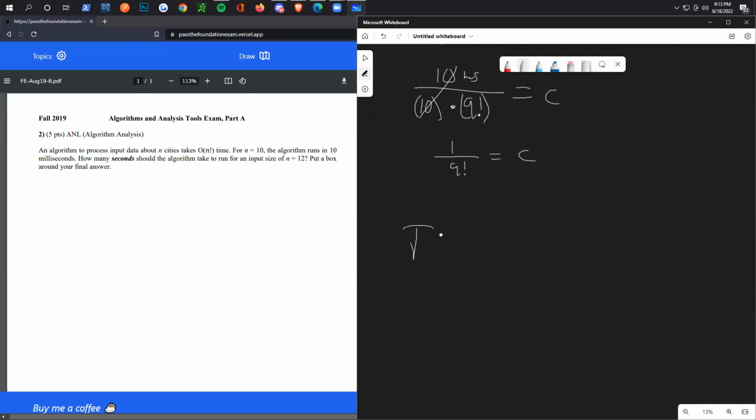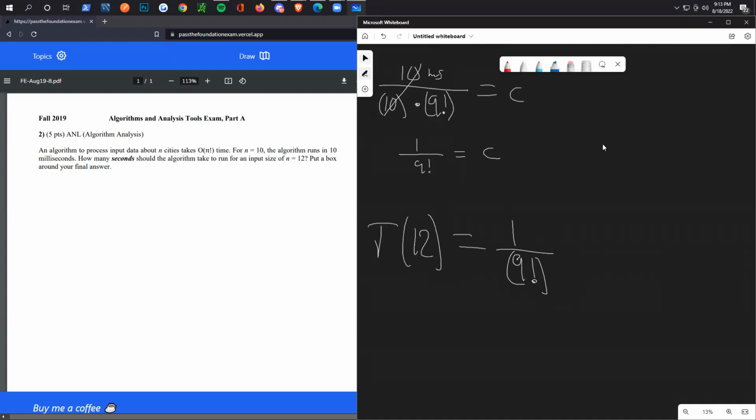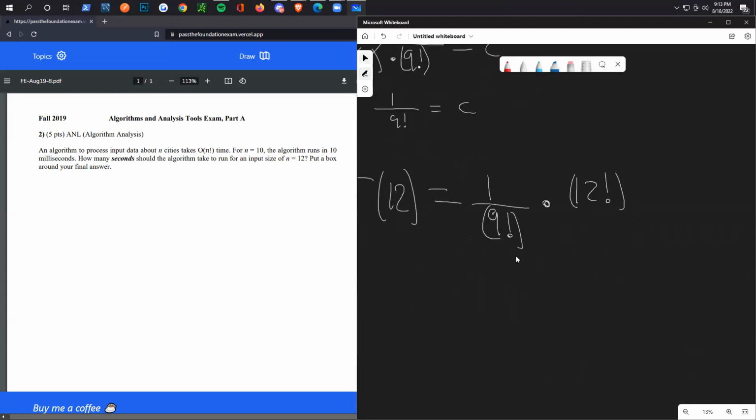So now let's go into t of n equals 12. So now we have our c n factorial, and let's plug in the runtime. So we're going to have n factorial, n is 12. So we're going to have 12 factorial. So now right here, like I said, we can break it down.